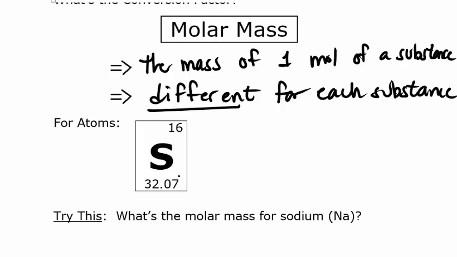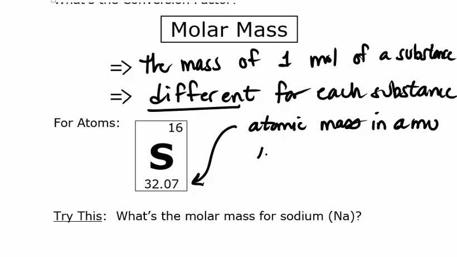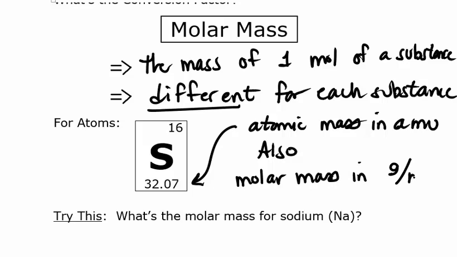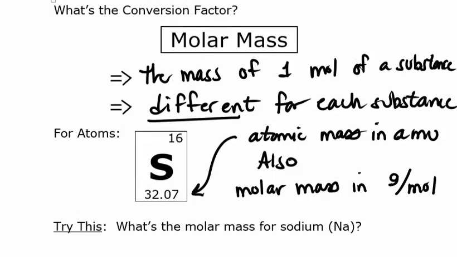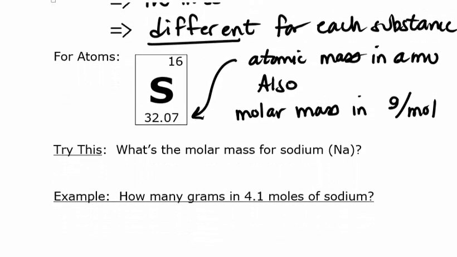Now, every periodic table is not the same, so the numbers may be in different places in different boxes, in different periodic tables, but the bottom number in this one is something that we know is the atomic mass in AMUs, atomic mass units, but the exact same number is also the molar mass in the units of grams per mole. And that's what we need as a conversion factor in order to convert between mass and moles.